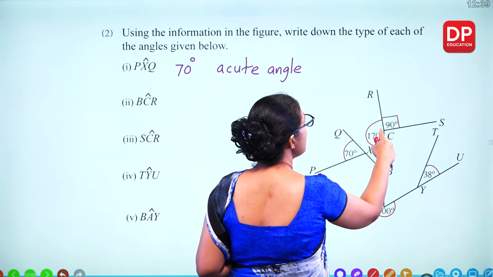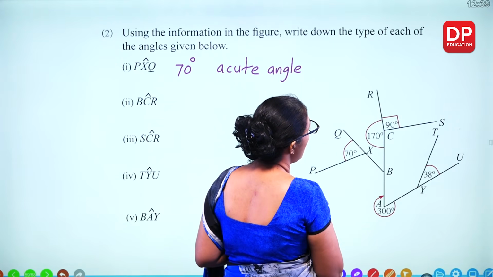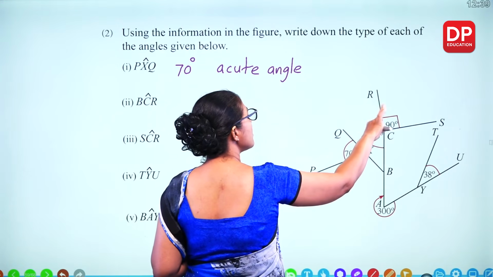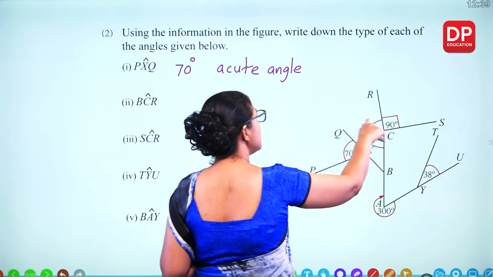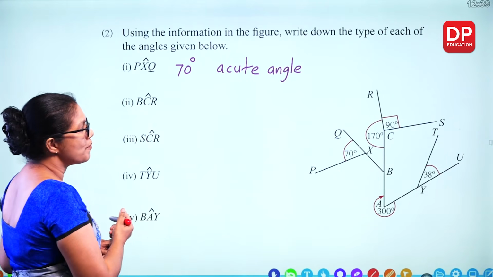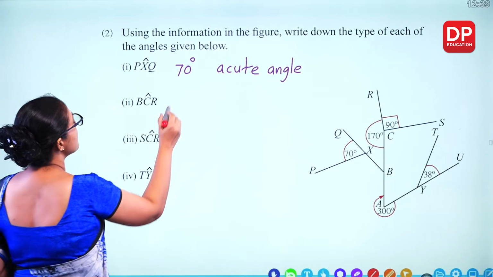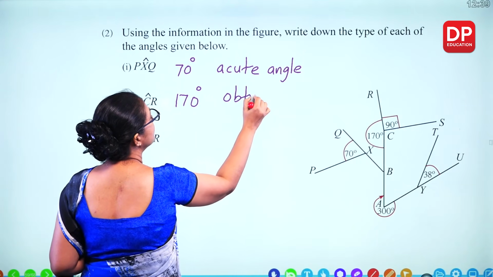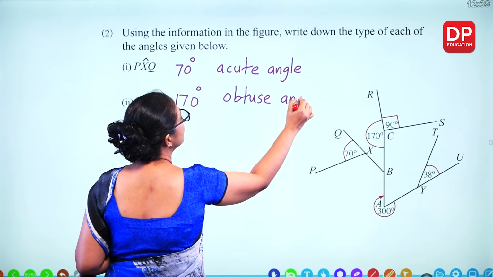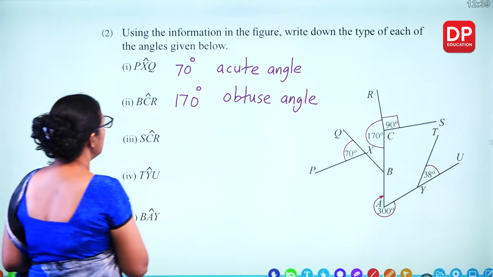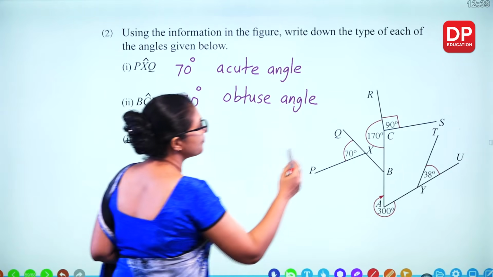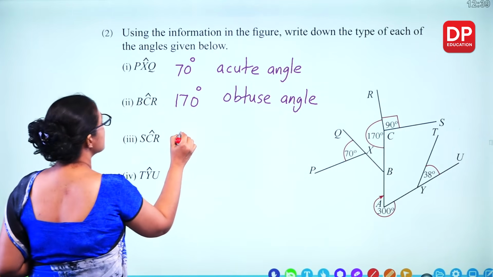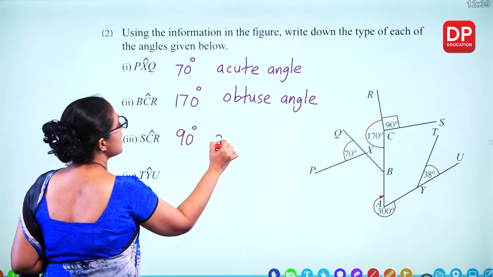So the BCR angle, if it's reflex, you can give the other angle, but here you can give the obtuse angle. That's 170. SCR, that's 90 degrees. Right angle.